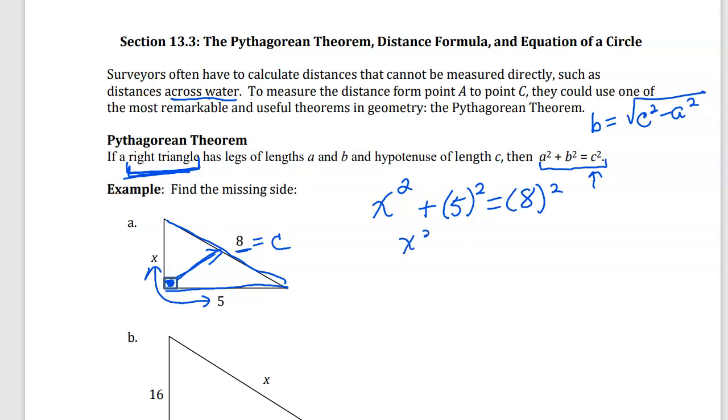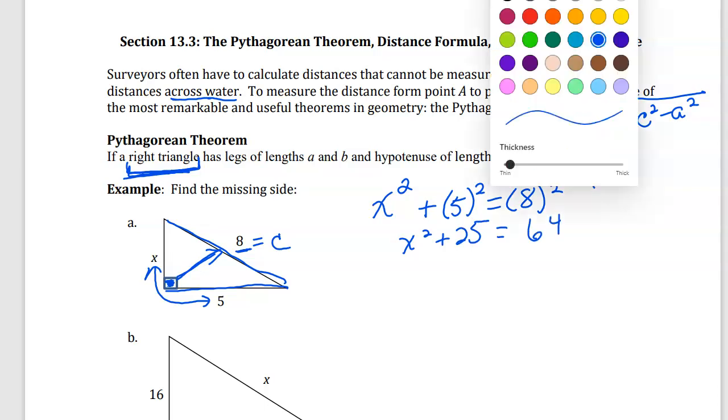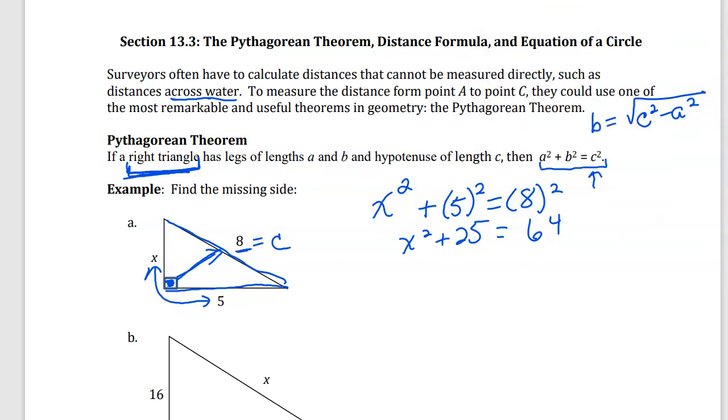Okay, so 5 squared is 25. 8 squared is 64. Well, I can't do anything with that x squared yet, so I subtract 25 from both sides. And so then I get that x squared is equal to 39.